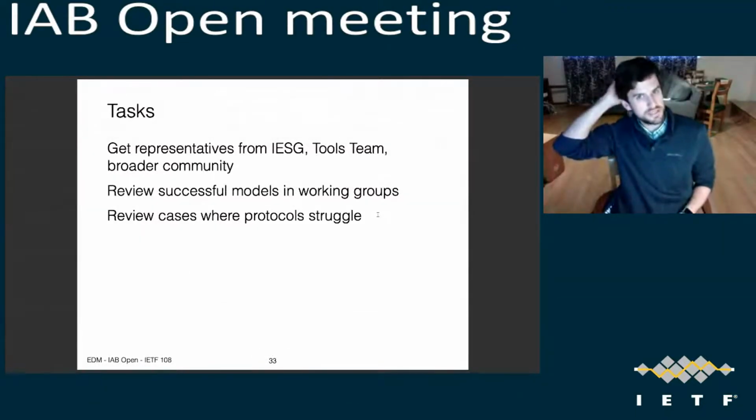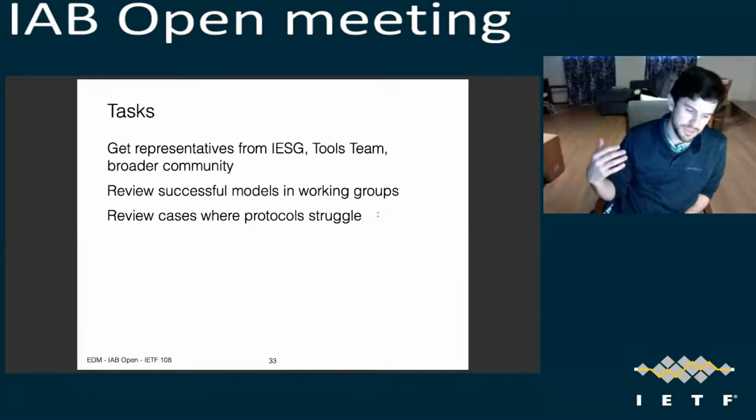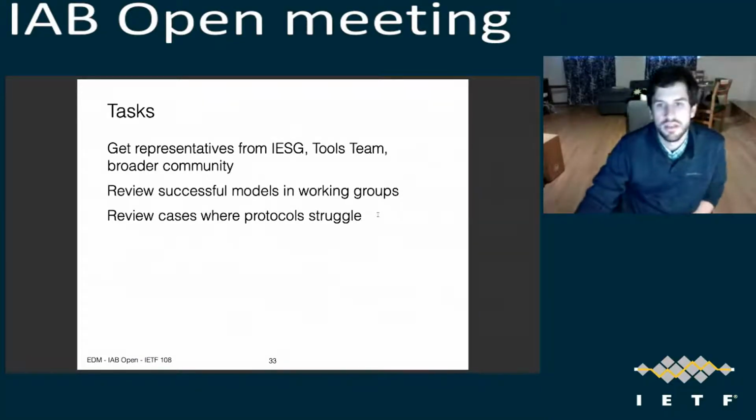So from a practical aspect, the different tasks that we want to do to start up the group: we're getting representatives from within the IAB, but we've also talked to the IESG about this, and we have various IESG members who want to be involved. If we want to be extending what is available in Data Tracker or other tools, we want a deep involvement from the tools team, as well as from the broader community who would be able to use these.